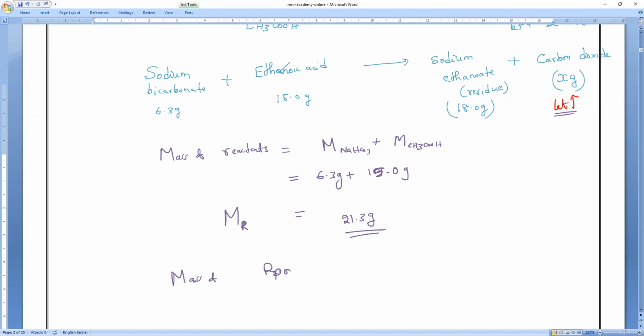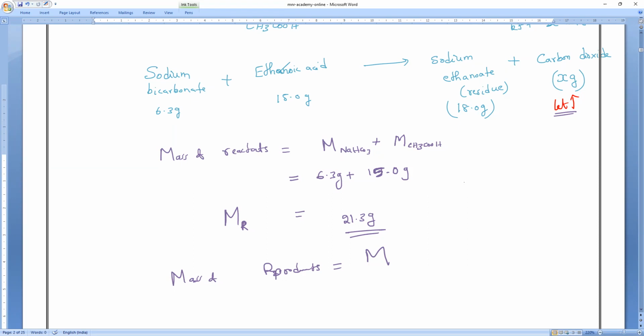Next, mass of products. Mass of products is equal to what? Mass of sodium ethanoate. That is the residue. Sodium ethanoate, also we can say sodium acetate.